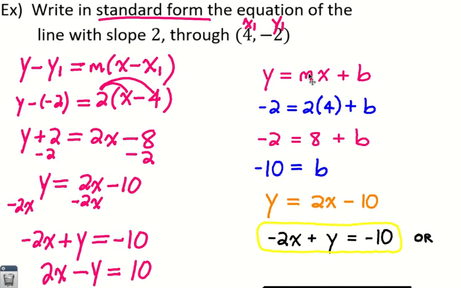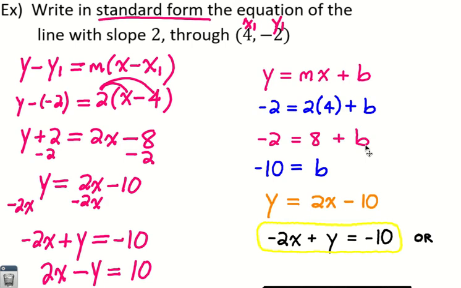Quick explanation here: to use this form, your slope is going to go in for m right here, and your point can go in for x and y. Plugging in for y, for m, and for x opens the door to solve for b.